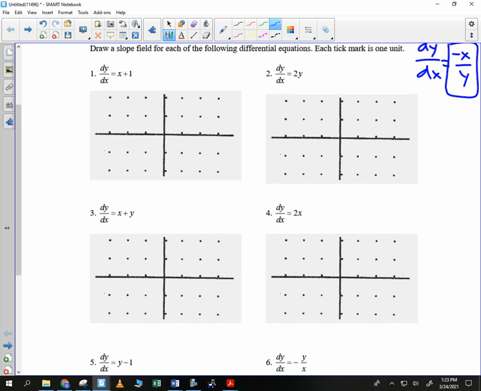So therefore, I'm going to sketch little segments that have a slope of 1 all across there. Can somebody tell me what is the x value here? It is 1, right? So if you add 1 to 1, you get 2. So I will sketch little segments that have approximately a slope of 2.